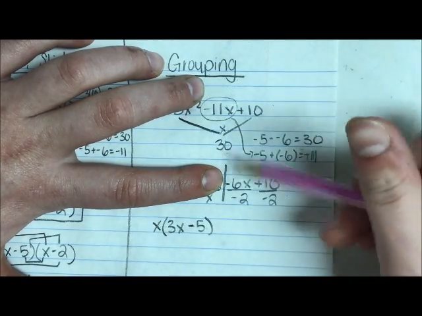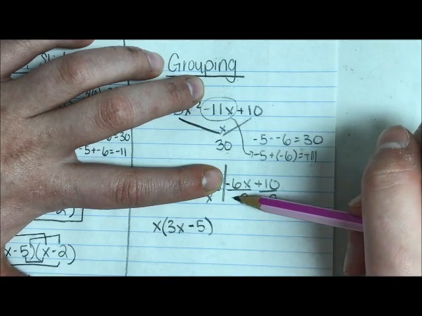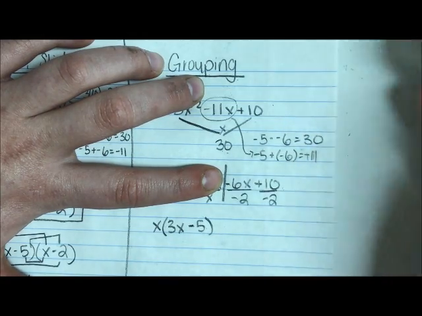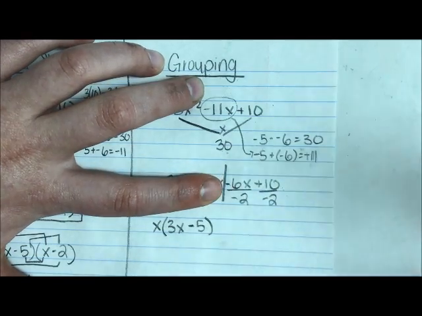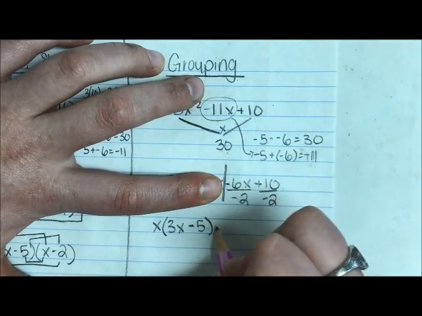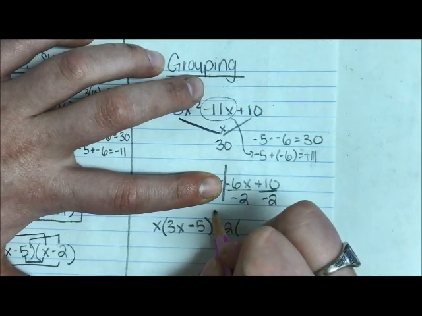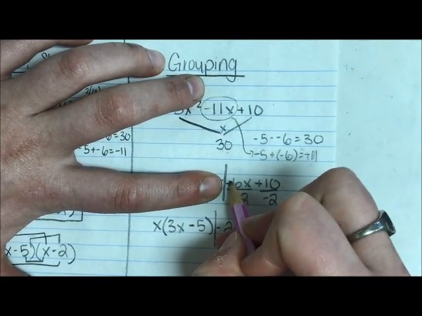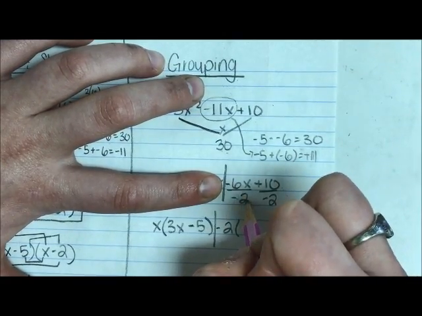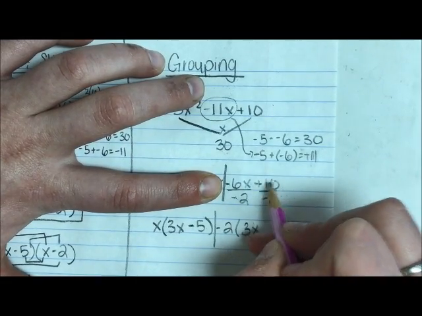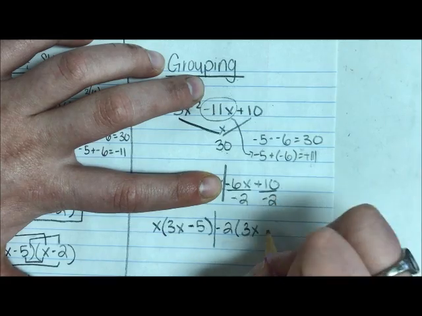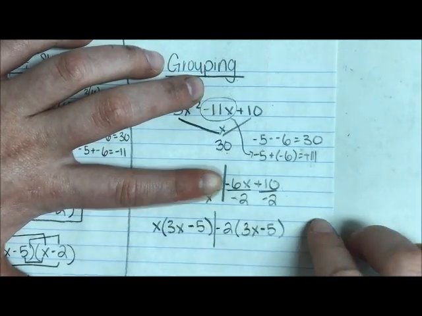The only way to do that is a negative divided by a negative and a positive divided by a negative. So factoring that -2 out, since they both do have that in common, -6x divided by -2 leaves me with a 3x, and a +10 divided by a -2 leaves me with a -5.